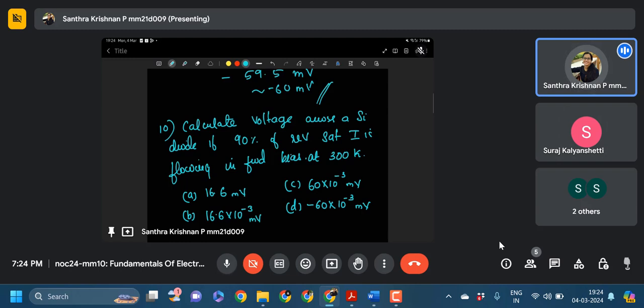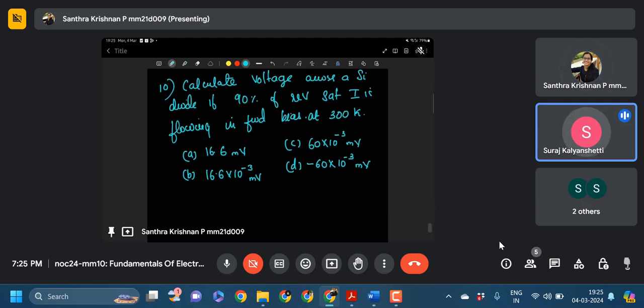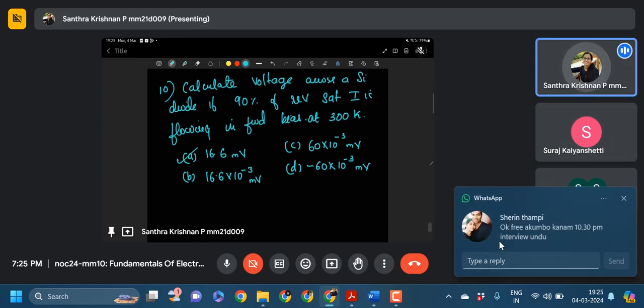Now you have to convert it into millivolts. Is it 0.16 or 16.6? 16.6 millivolts is the answer. Same equation, only the sign differs.